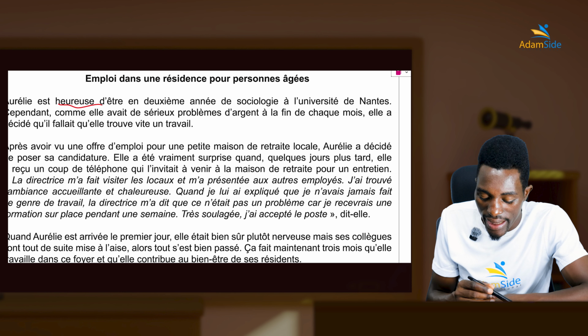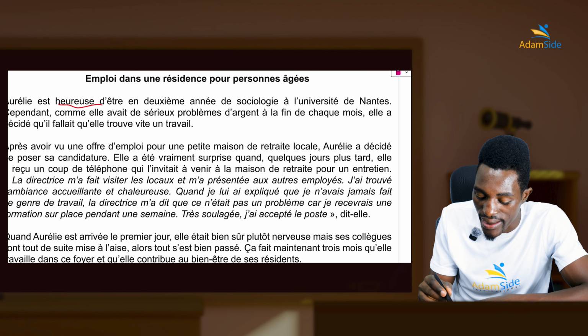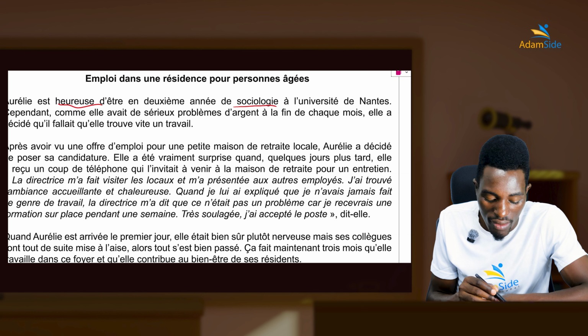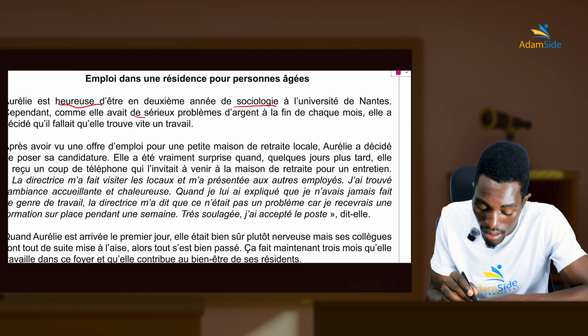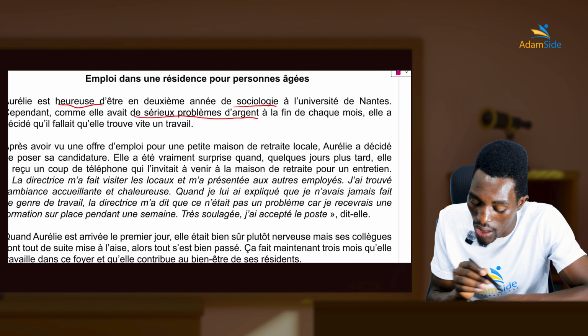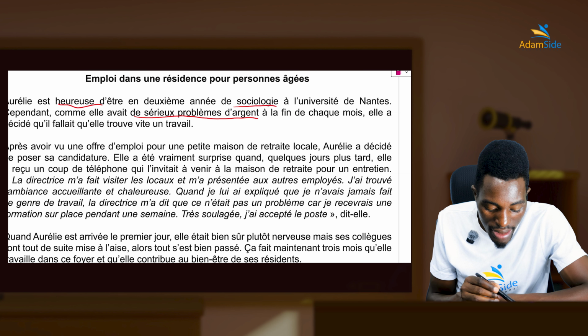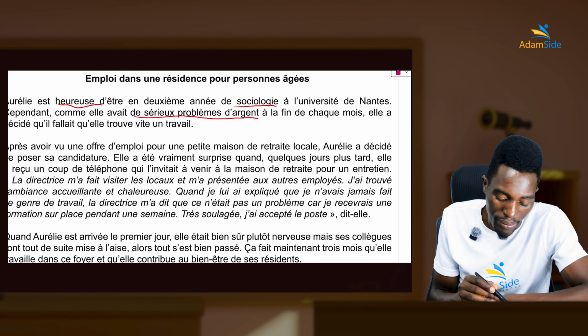Aurélie est heureuse d'être en deuxième année de sociologie à l'université de Nantes. Cependant, comme elle avait de sérieux problèmes d'argent à la fin de chaque mois, elle a décidé qu'il fallait qu'elle trouve vite un emploi.